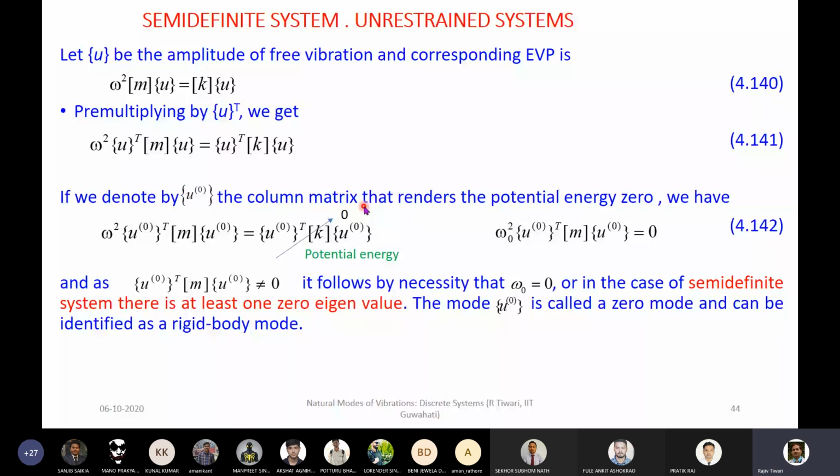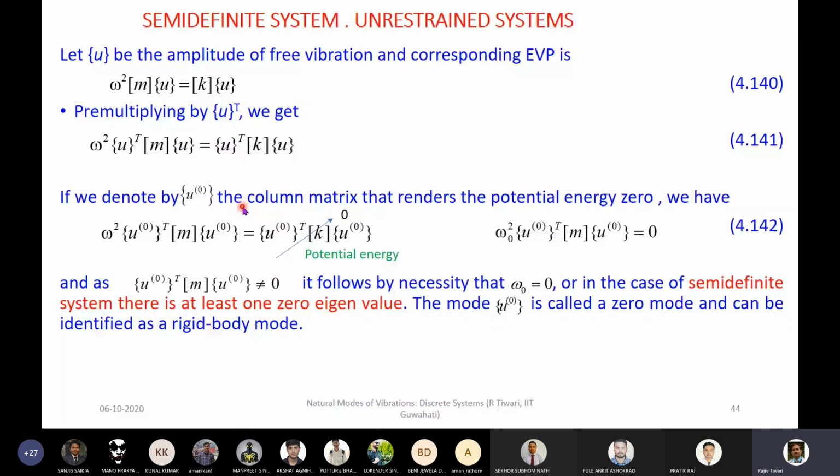So there is a displacement in the system, but that is making the potential energy 0 even though the displacement is taking place. That is the thing we were talking about in the previous slide: when displacement is there, the potential energy can still be 0. Such a system is semi-definite. So let us say U naught is a displacement which is making the potential energy 0.